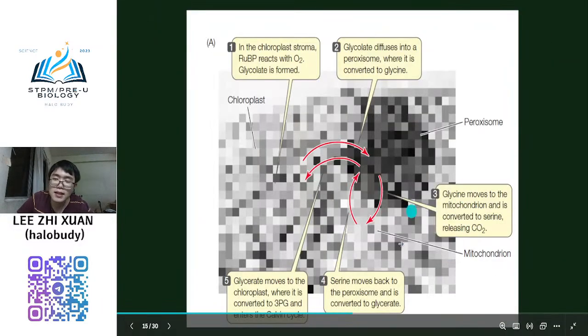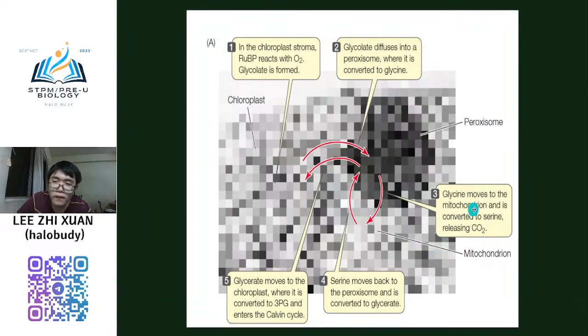Actually, for glycine, you see, it will move to the mitochondria. Inside the chloroplast, RuBP will be added with oxygen. This one occurs in the chloroplast. Once the glycolate is produced, it will diffuse into the peroxisome, where it is converted into glycine. Okay, and then the glycine later will move to the mitochondria and be converted to another amino acid called serine, and then this time it will release carbon dioxide.